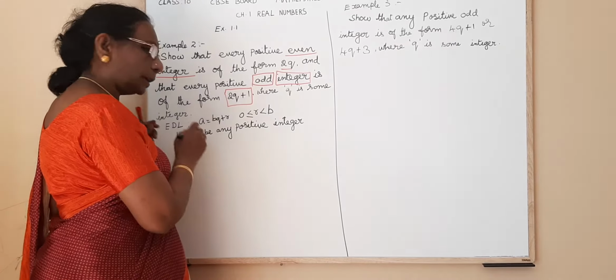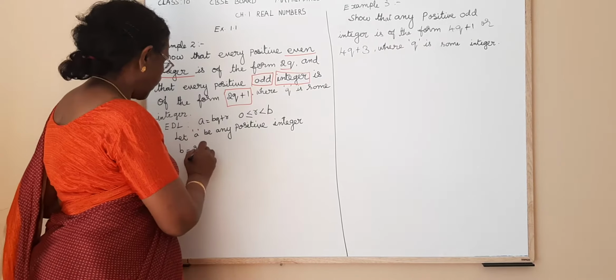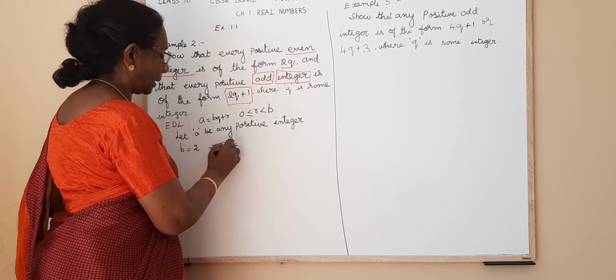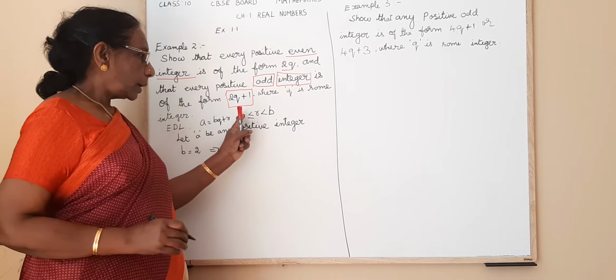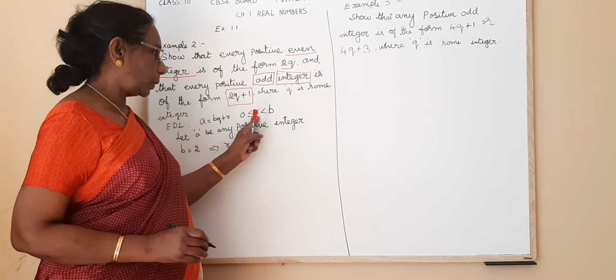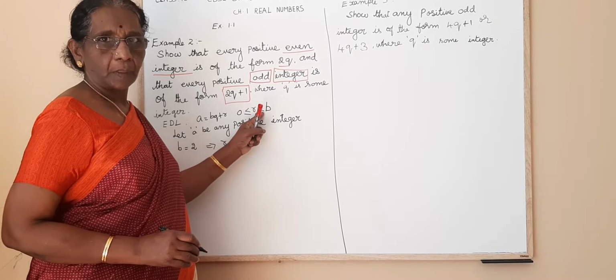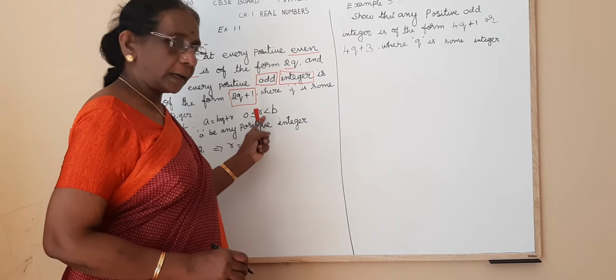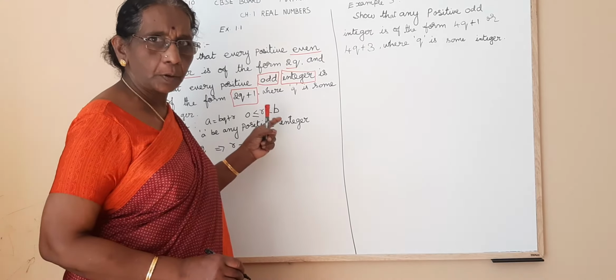When the divisor is 2, what are the possible remainders? It should be greater than or equal to 0 but less than B. So what are the numbers greater than or equal to 0 but less than 2, since B is equal to 2?